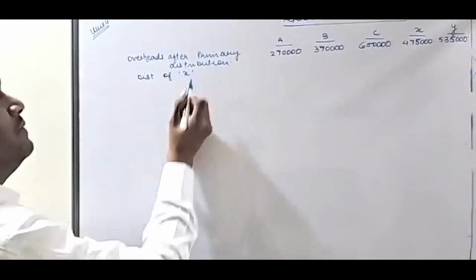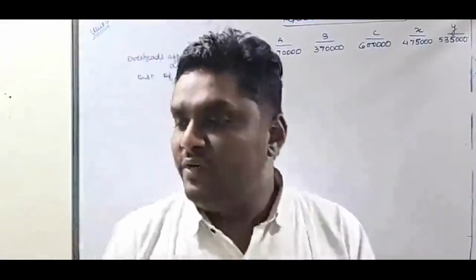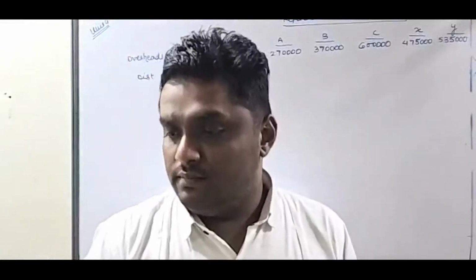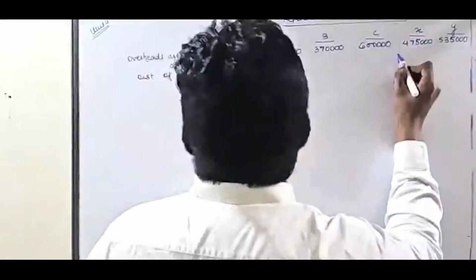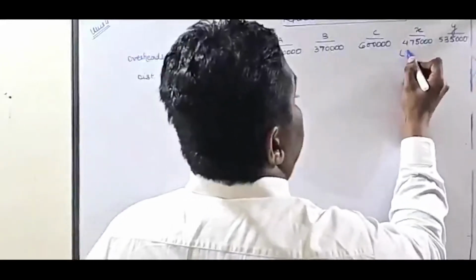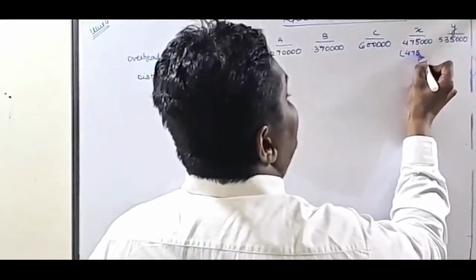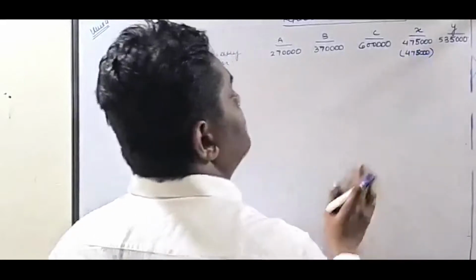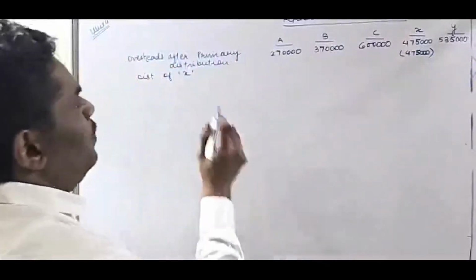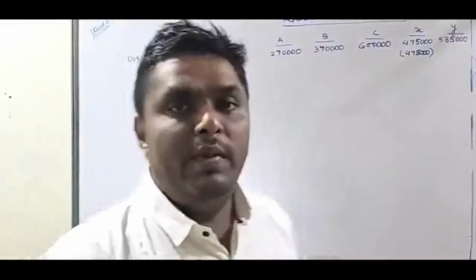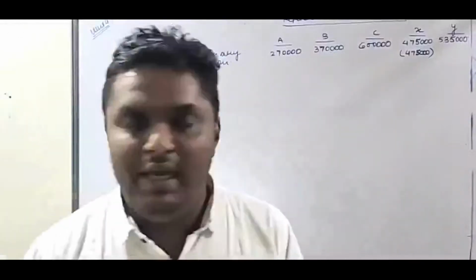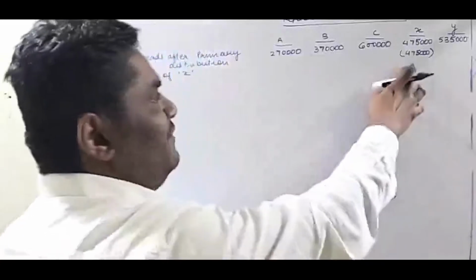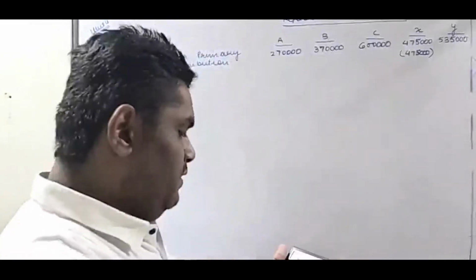Distribution of X. How much overheads of X? Total 4,75,000. We'll distribute 4,75,000 to whom? A, B, C, and Y. So we have subtracted 4,75,000.